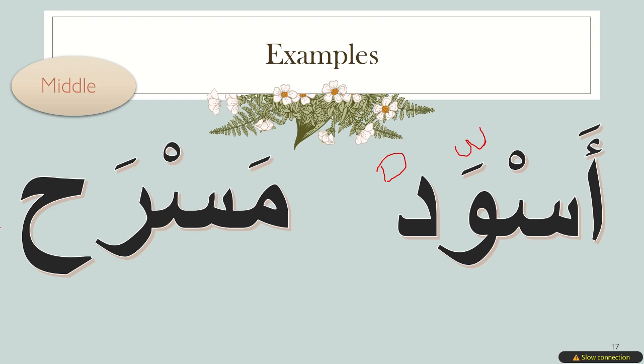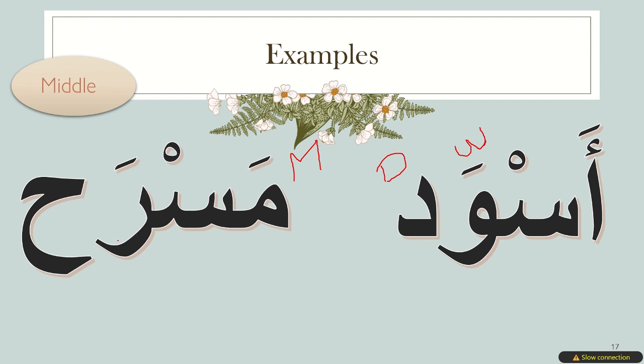Okay, let's see the next one. The first letter we haven't learned about yet. It's Mim. It's pronounced like letter M. Okay, and it has Fatha, so Ma. Then we have the 3 teeth. This is Sin, and it has Sukun, so no vowels while pronouncing it.